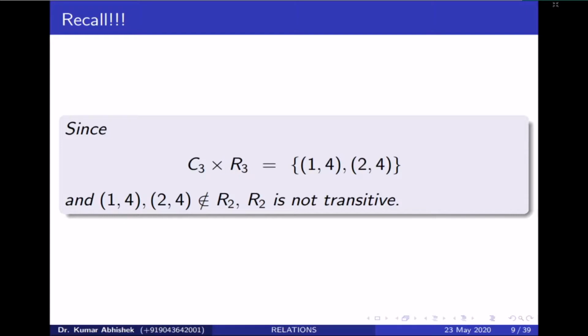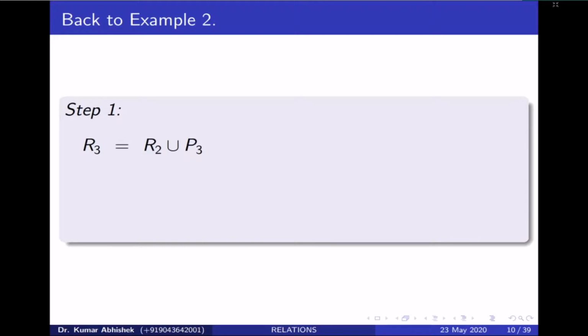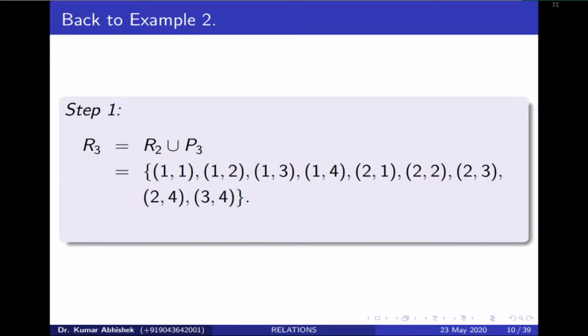So we again go back to our iteration step 1, and we define R3 as R2 union P3, and this gives the modified relation R3, and again we will test if the relation R3 is transitive.